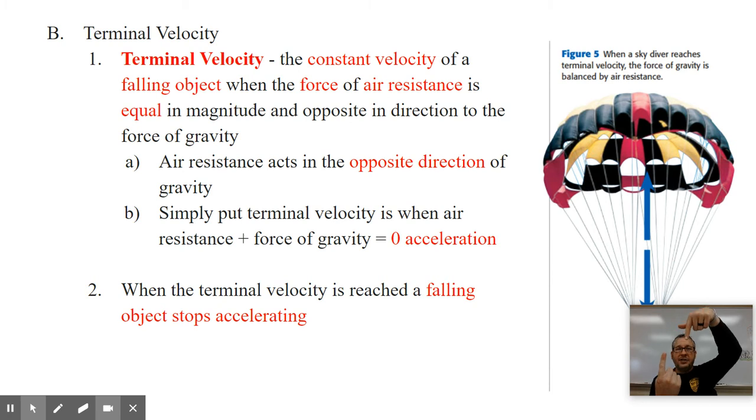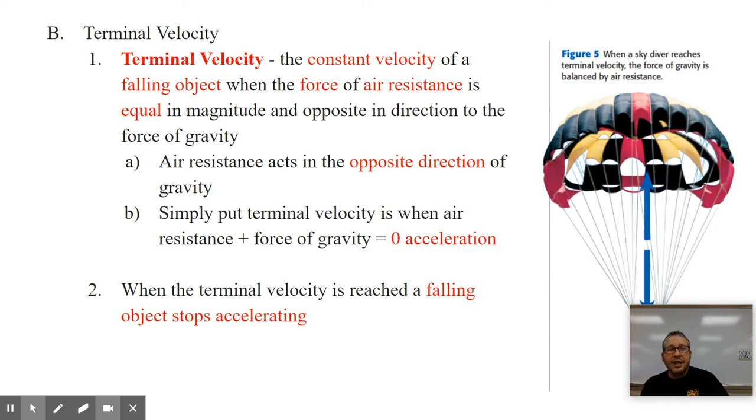Eventually, if given enough time, the air resistance will increase to the point where the opposing forces cancel out, and you will no longer continue to increase your velocity. You'll come to a steadfast value for velocity.